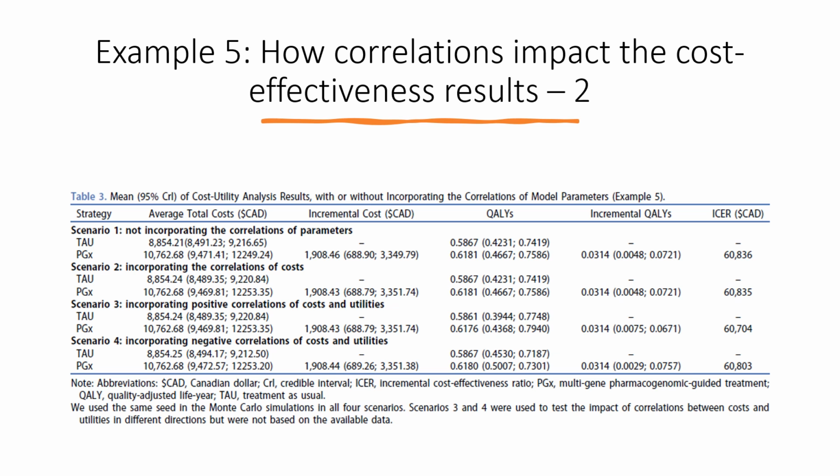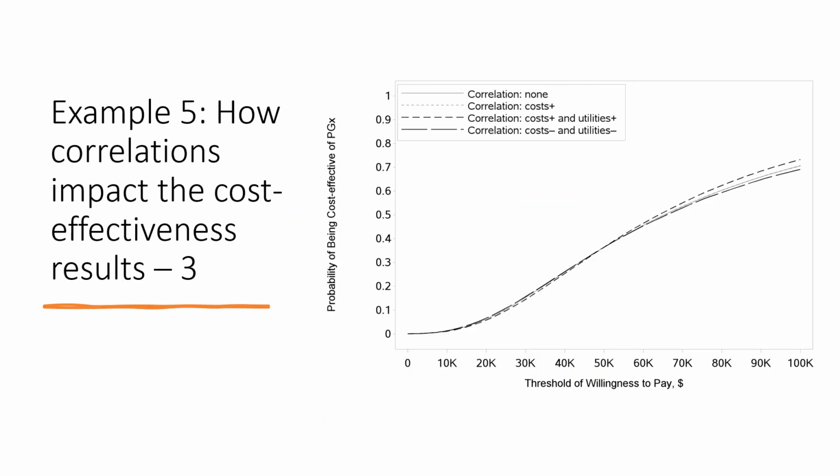When modeling the assumed positive correlations between the utilities in Scenario 3, the 95% credible interval of QALY in both strategies became wider than those in Scenario 1 or 2, and the incremental QALY became narrower. We plotted the probabilities of the intervention being cost-effective across various willingness to pay values using the cost-effectiveness acceptability curve. The 4 cost-effectiveness acceptability curves were similar, suggesting that incorporating correlations between costs and utilities had limited impact on the overall cost-effectiveness results in this case.